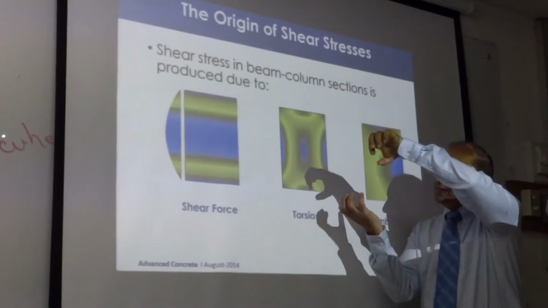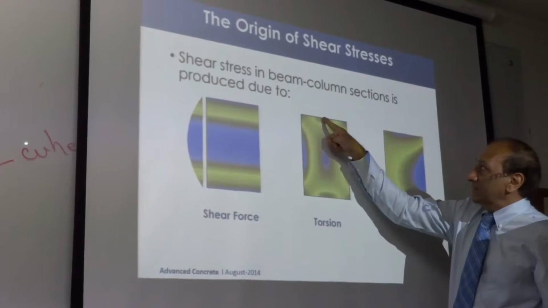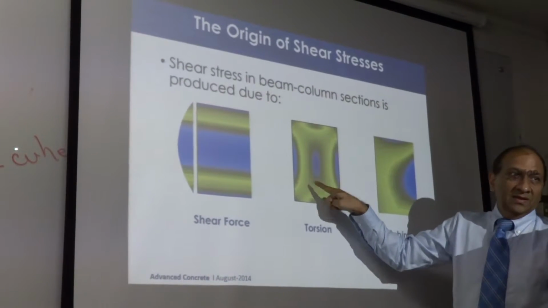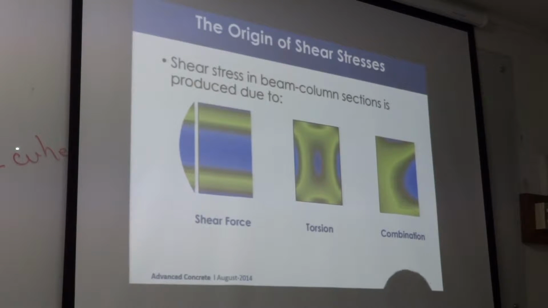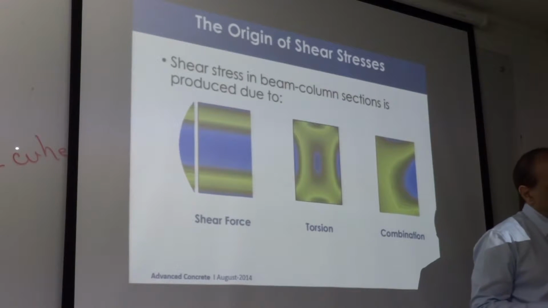Torsion is going like this, the couple inside is going like that, right? So that will create maximum stresses at these edges and nothing in the middle. So shear stresses due to torsion are maximum at the edges and nothing in the middle.